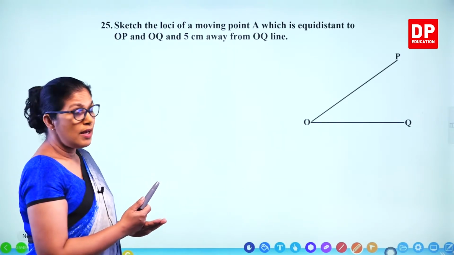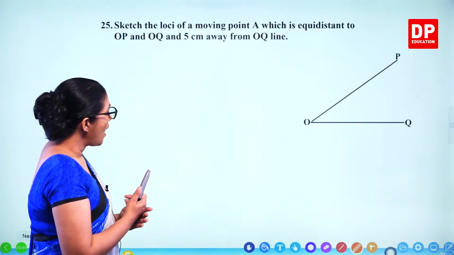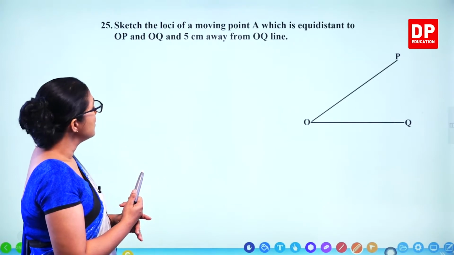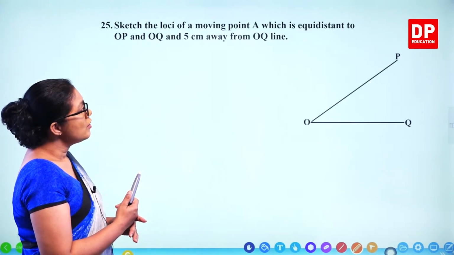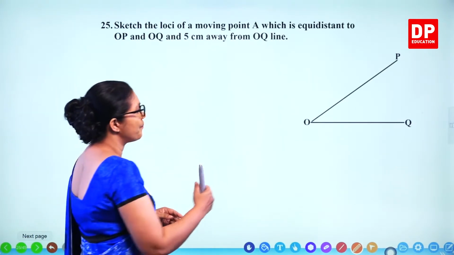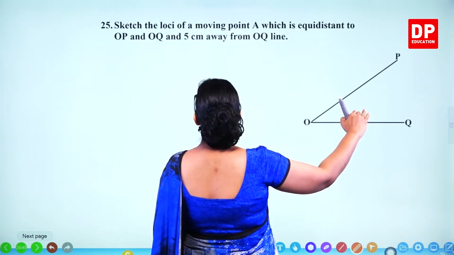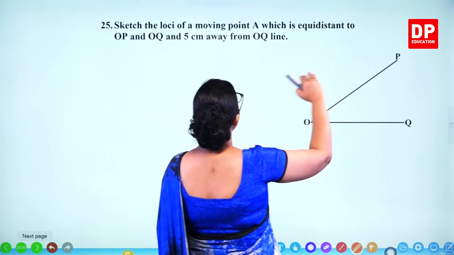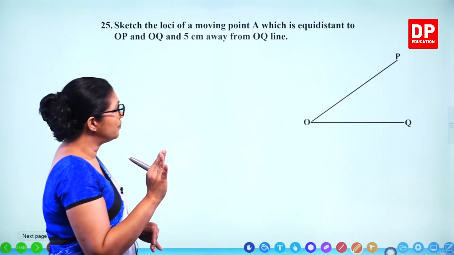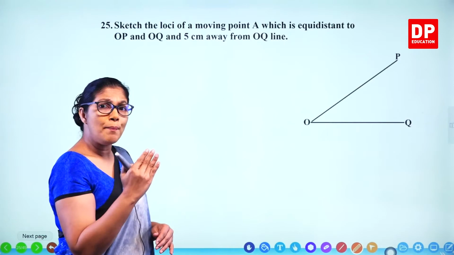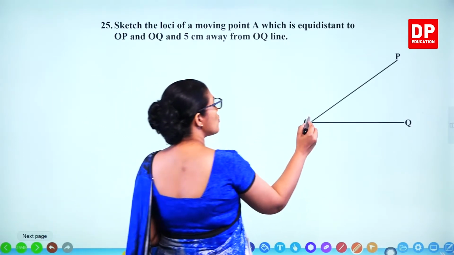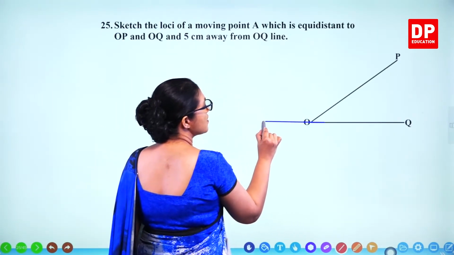No need to use the compass, but I'll help you with how to do that. You need to draw a parallel line, 5 centimeters away from this. You can draw a perpendicular line first, so extend this line first.